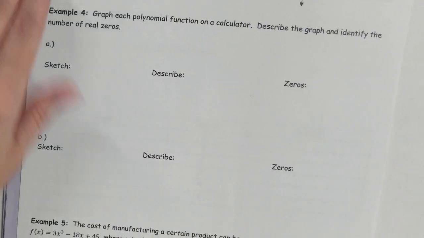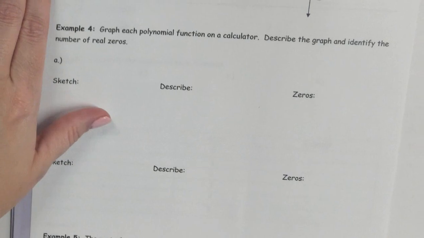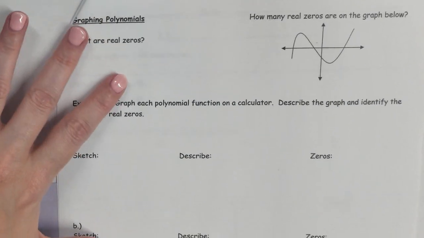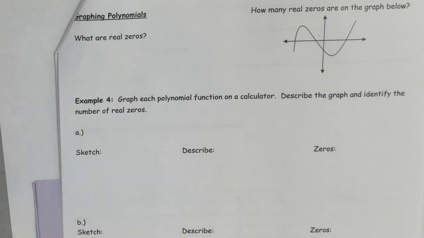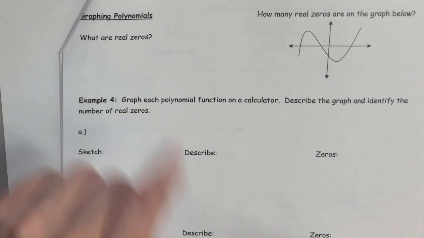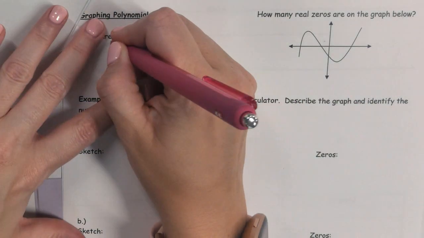All right, so we're going to graph some polynomials today. The first part is actually stuff that we already know. So when we think about the graphs of polynomials, where can you find the real zeros on the graph?